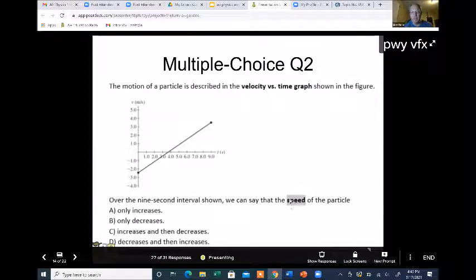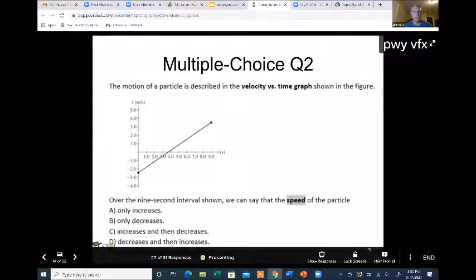If this question had said velocity here, A would have been the right answer. But because it said speed, the thing's going pretty fast at first, 2.5. Eventually it reaches a speed of 0. And then it speeds back up to a speed of about 4. So our answer here is it decreases, then it increases, and that is answer D.